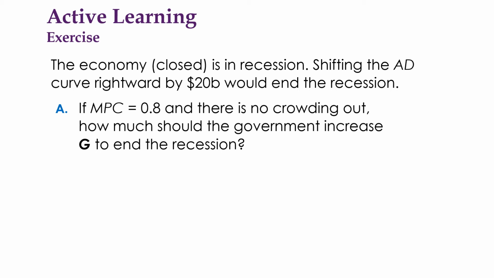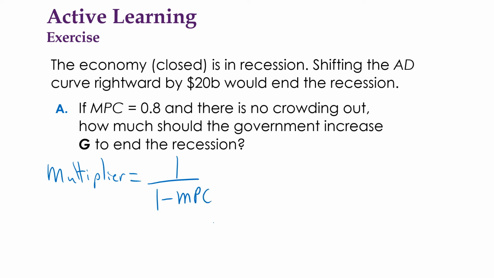All right, anyways, so there is no crowding out in this example. How much does the government increase G directly so they can end this recession? This is not too hard to figure out at all. What we have to do is calculate what the multiplier is, and that's by this formula right here.